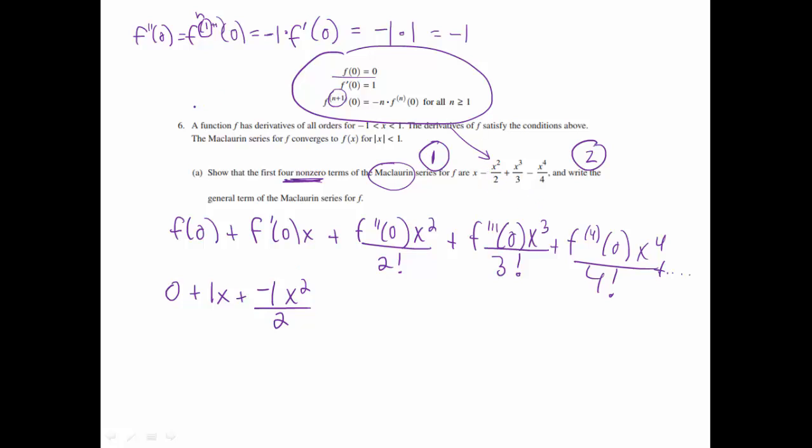Good for me. Okay, so now we're going to find f triple prime of 0. So if it's something plus 1, this time it's going to be f of 2 plus 1. So this time my n is going to be 2. So it's going to be negative n, which is negative 2, times f, with n being 2. So it's the second derivative at 0. Well, we just found out the second derivative was equal to negative 1.